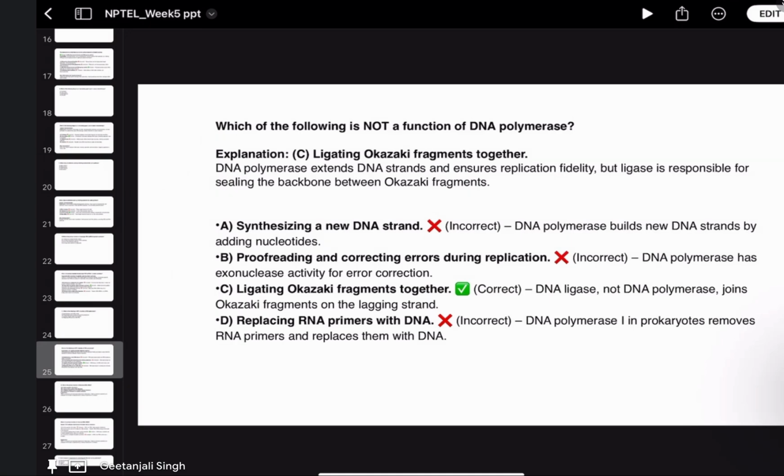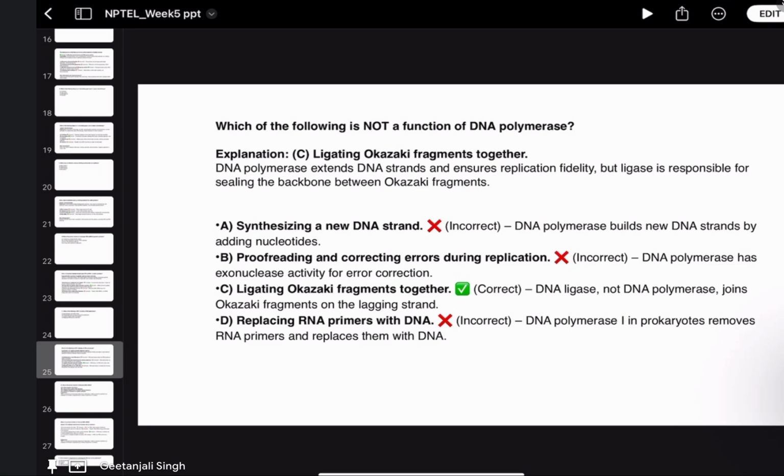Thank you. So, option A was synthesizing a new DNA strand. This is incorrect because DNA polymerase builds new strands of DNA by adding nucleotides. Mind you, the question is asking what is not a function of DNA polymerase. So when I say incorrect, that means DNA polymerase actually does this work. Number B, proofreading and correcting errors during replication.